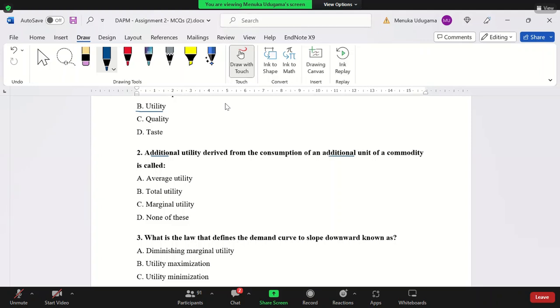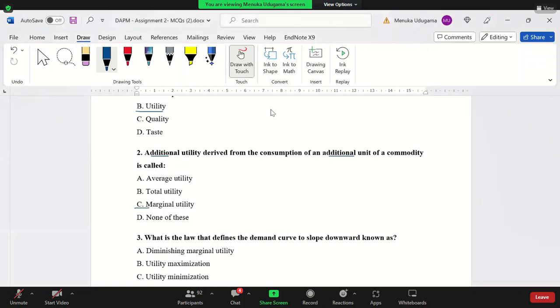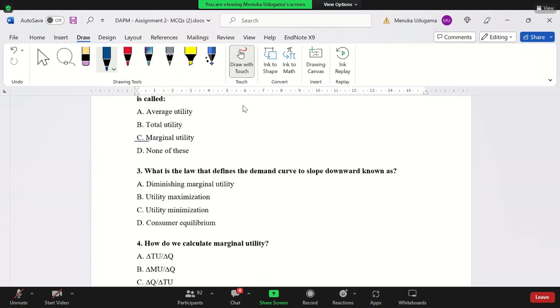What's the answer? Very good, marginal utility, correct. So C.